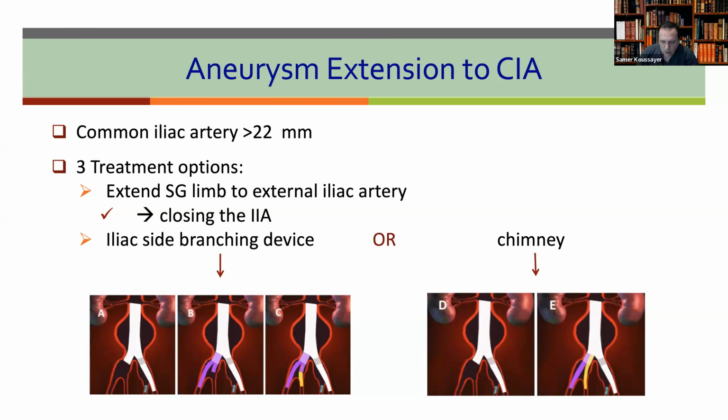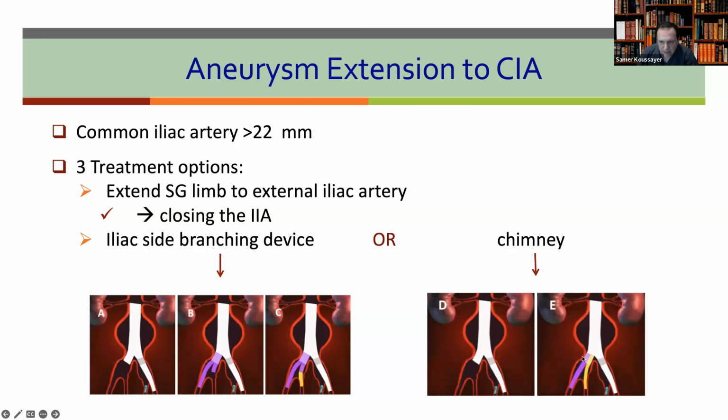Either the patient has 2 lumbars open, or maybe 1 lumbar open and a type 1 endoleak which you don't see, because the blood has to go in and out, correct? So whenever you have a type 2 endoleak, look at how many lumbars. If you have only 1 lumbar and you still have a persistent type 2 endoleak, look at the sealing zone here, or below, because most of you are leaking from somewhere else, okay?